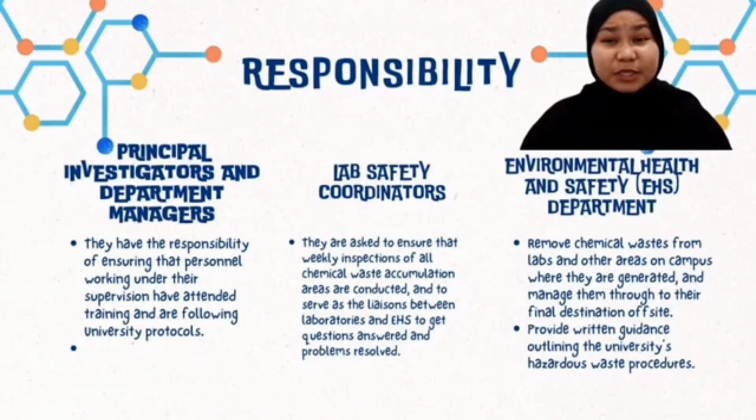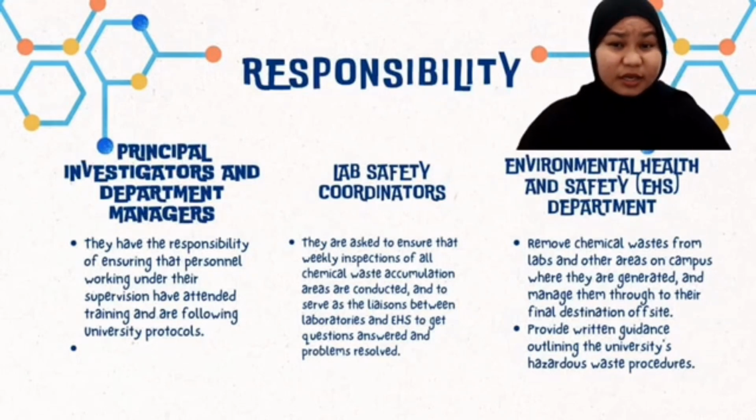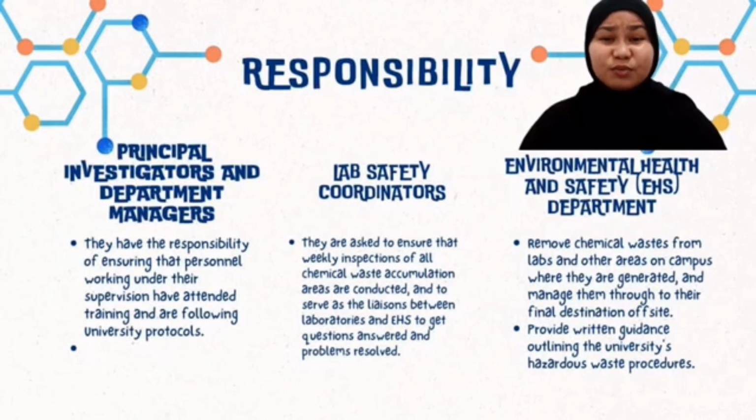The first one, principal investigators and department managers have the responsibility of ensuring that personnel working under their supervision have attended training and are following university protocols. The second one, lab safety coordinators are asked to ensure that weekly inspections of all chemical waste accumulation areas are conducted and to serve as the liaisons between laboratories and EHS to get questions answered and problems resolved.